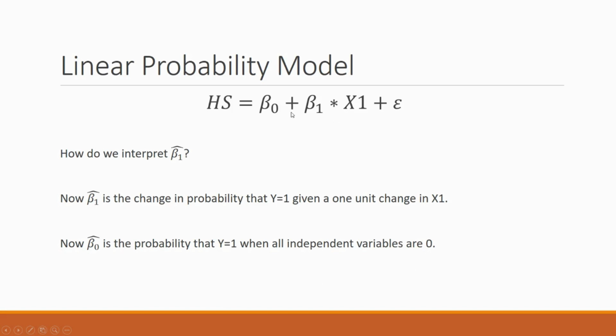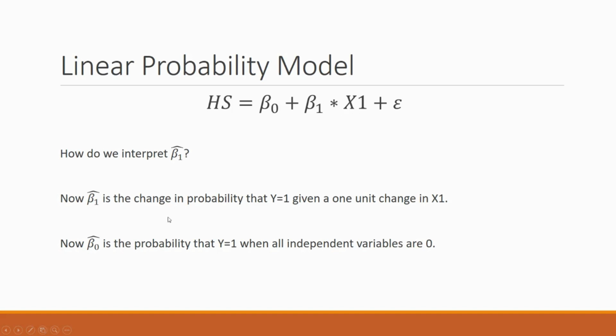So let's take our example of grades. Let's say x1 is the student's grades, their GPA in high school. Let's say that their GPA was 0. They had a 0 GPA. And so beta 1 times 0 is just 0.